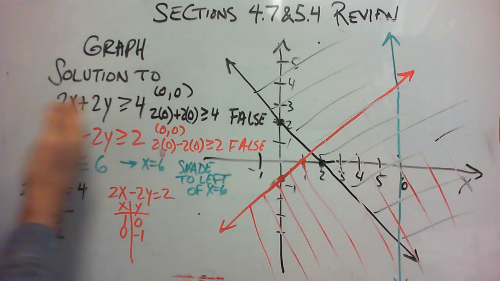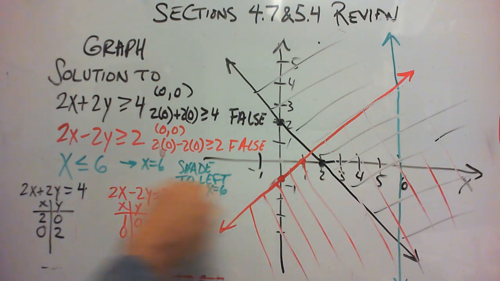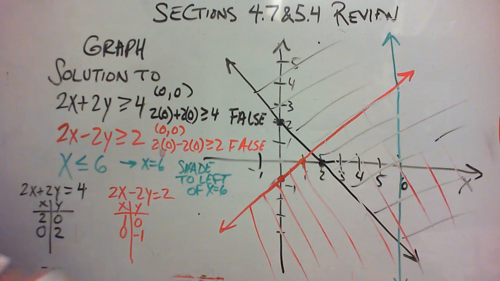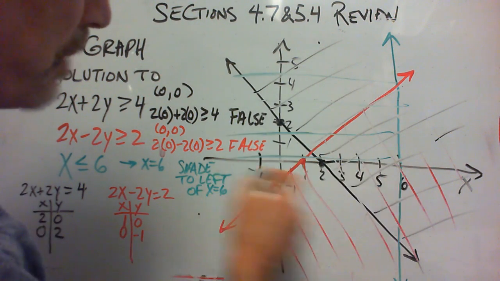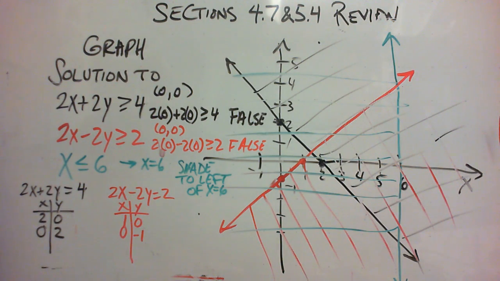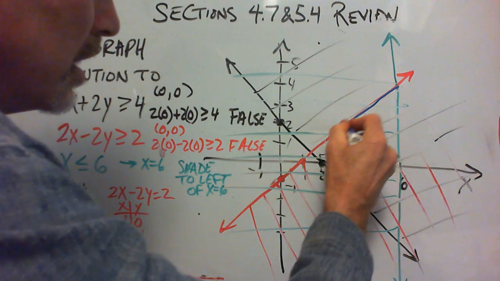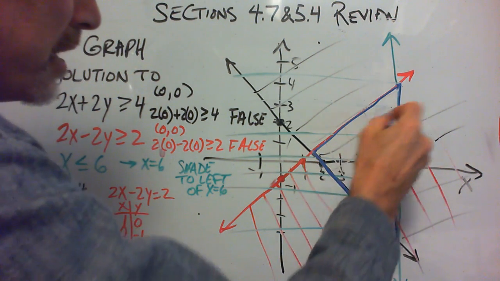Well, every single point to the left of that vertical line is going to have an x-coordinate that's less than 6. So we shade to the left of that vertical line. That's the solution for that special inequality. And we see that all three inequalities overlap in this triangle. So this triangle that we get, that's our solution.